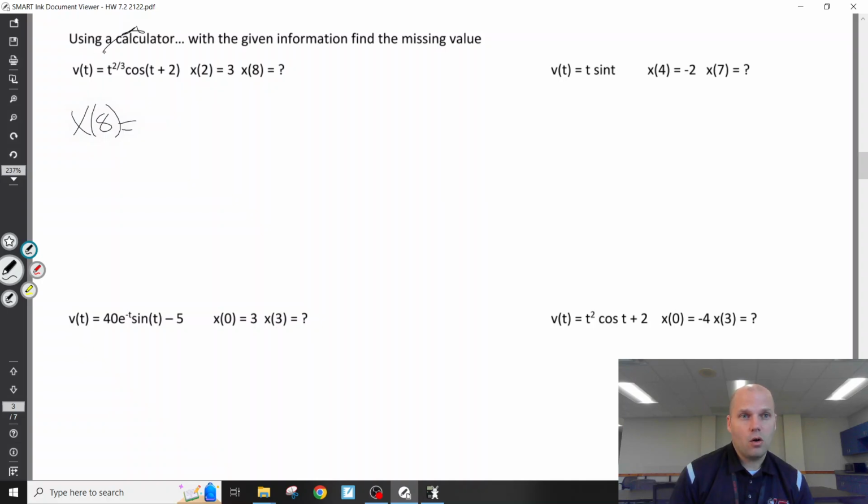We don't know a position function because we can't take the antiderivative. And even if you did, you wouldn't want to here. Don't try. But I do know my position at time 2. And if I then add my displacement, or my change in position, which is the area under my derivative, a known plus an area under derivative, unknown.